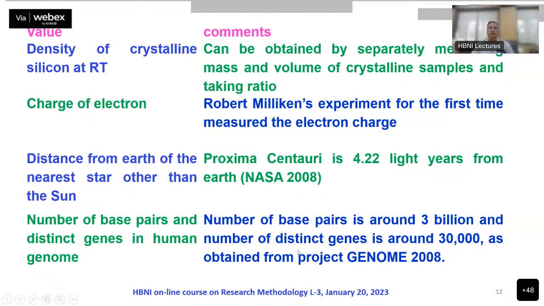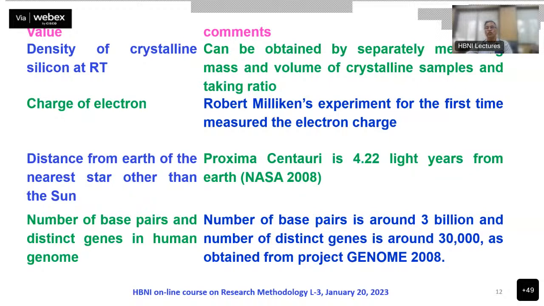This is the kind of research that molecular biology people or genetic engineers have done. So for any measurement, make sure what the different parameters and factors are which may lead to uncertainty in your number, and you must factor in those uncertainties.